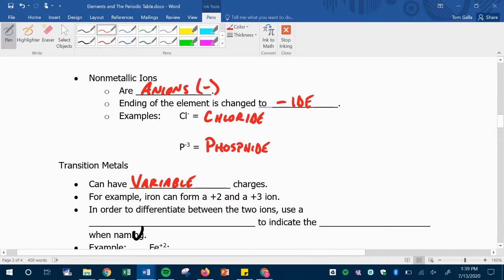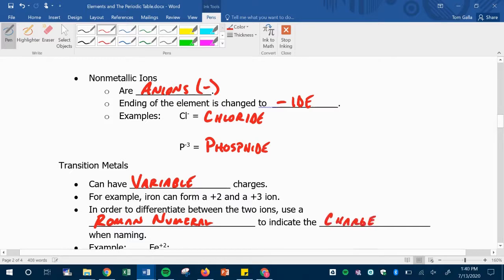Since all of these elements can form 2 different ions, or sometimes even 3 or 4 different possibilities, in order to differentiate between these, we use a Roman numeral to indicate the charge when we're naming.